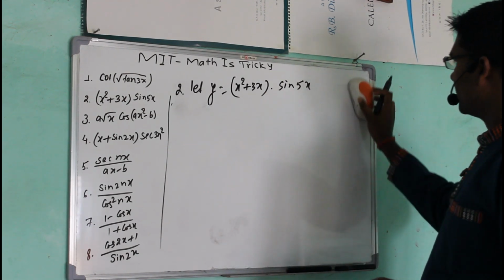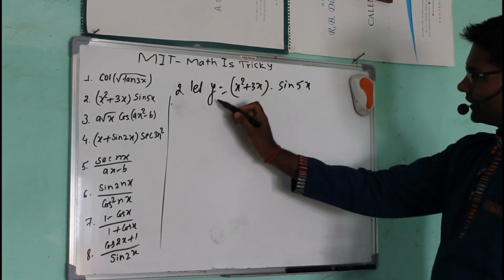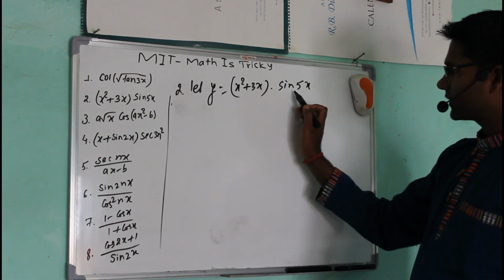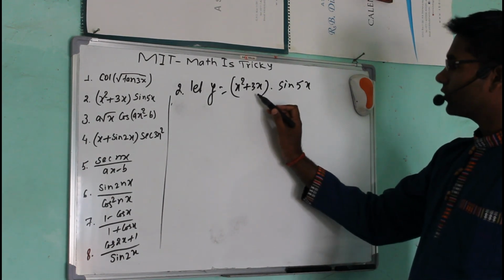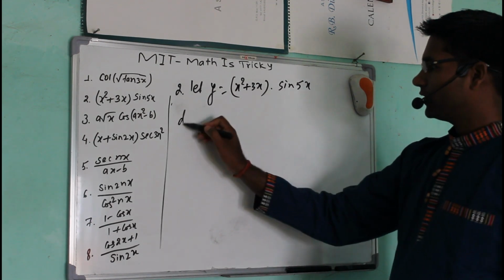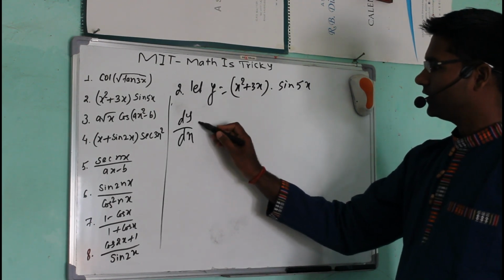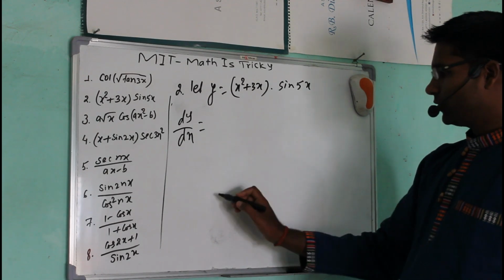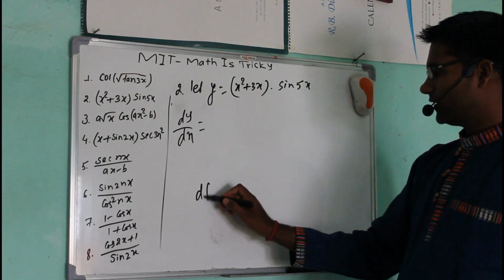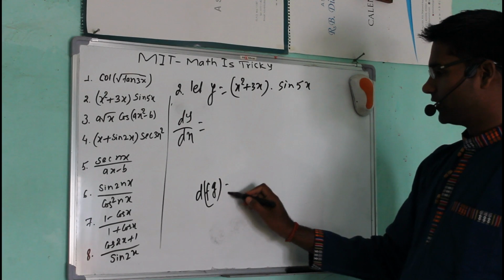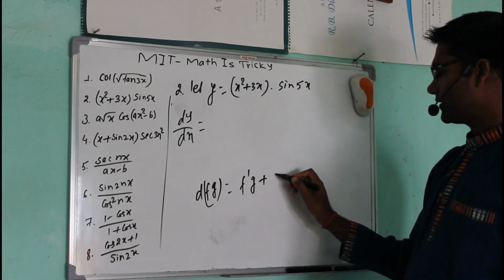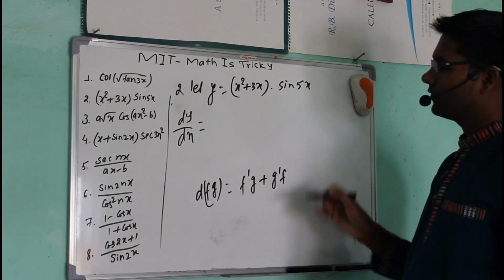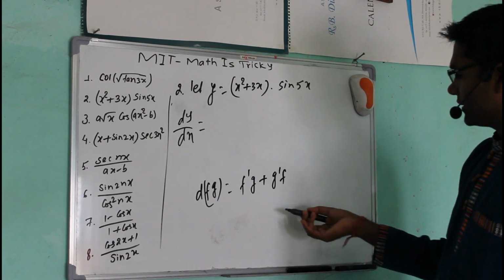Okay, to solve this, remember the given function is in the form of a product, so we'll use the product rule. By the product rule we get dy by dx equals, hope you remember, the product rule: for two functions d of fg is f dash g plus g dash f. This is what I'm going to use.